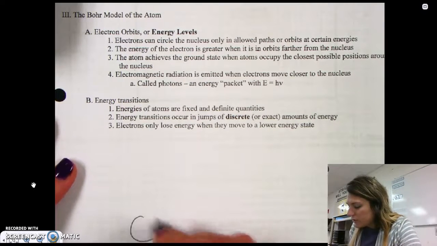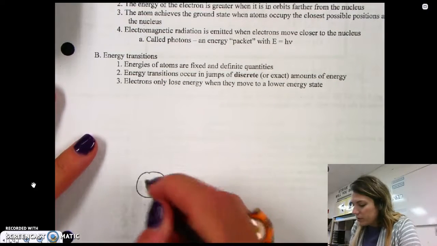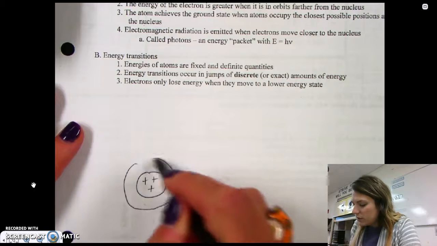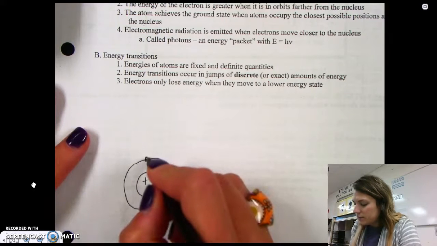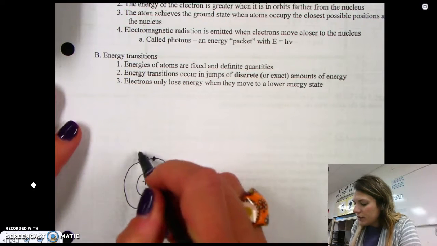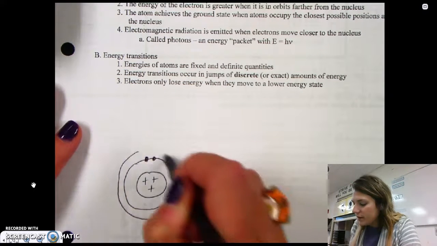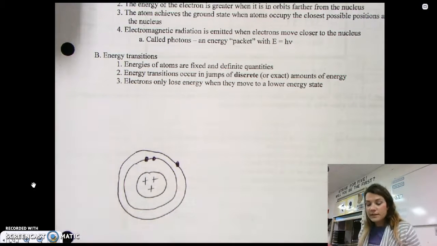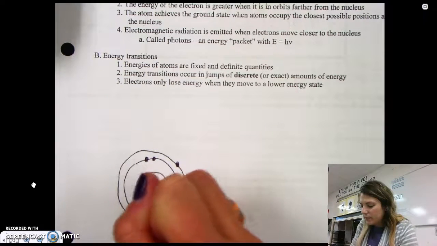Lithium has 3 protons inside of its nucleus, and here's its first orbital. It has 2 electrons, and here's its second orbital with its 1 valence electron out on the top. This is the Bohr model for lithium.